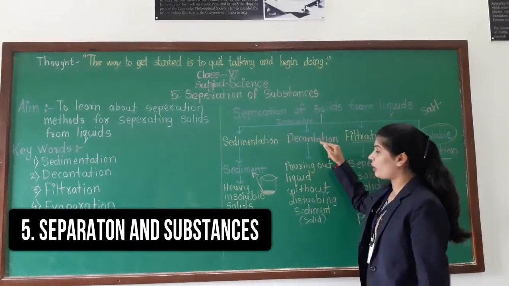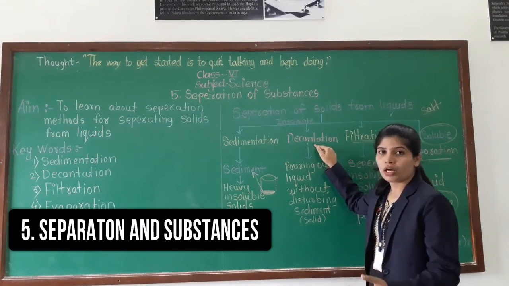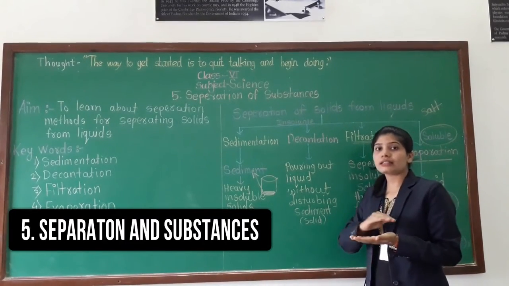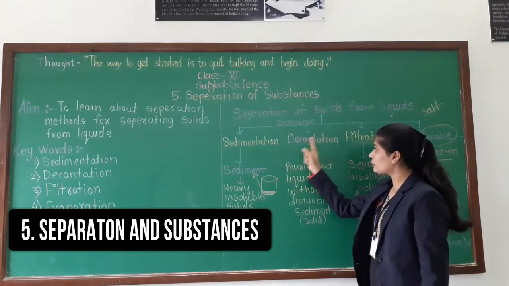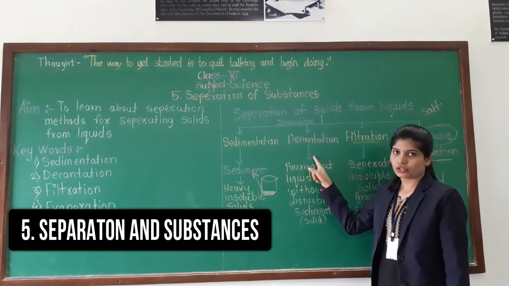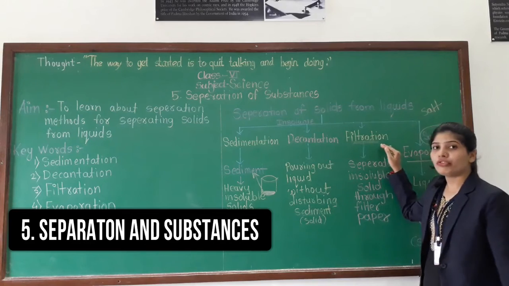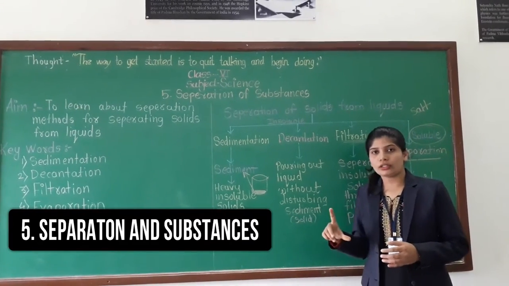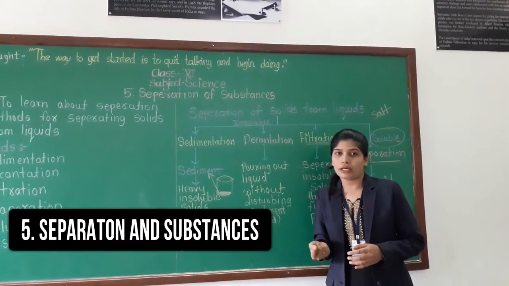Then we learned about decantation, where we pour out the liquid without disturbing the sediment. That process is known as decantation. Then we learned about filtration, where we filtered the muddy water through filter paper.